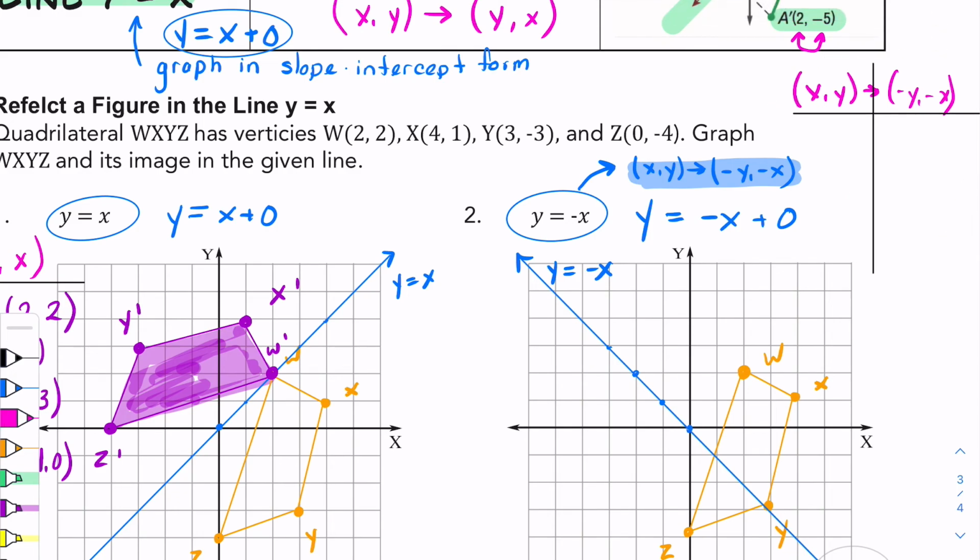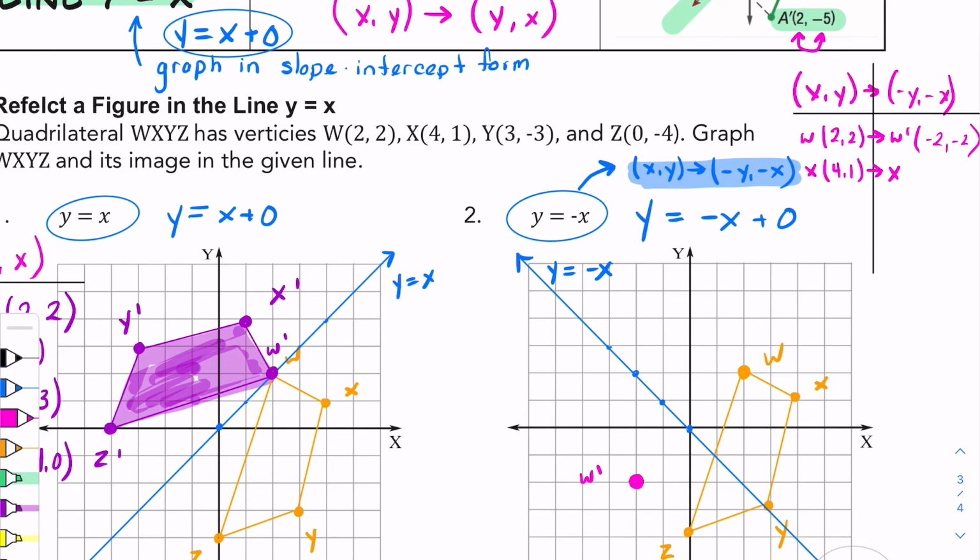So when we apply our rule, point W is currently located at 2, 2. When I apply my transformation rule, I interchange the points, but I also make them both negative for negative 2, negative 2. Point X is at 4, 1.